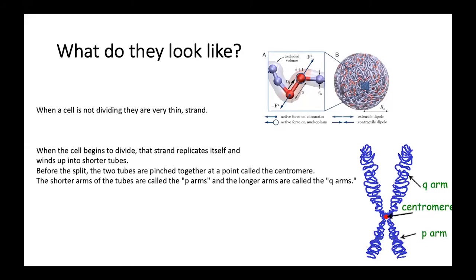But when a cell begins to replicate itself or to divide, the strands that were in the jumbled structure start to wind up into shorter tubes. So when a cell enters the division process, these thin strands are arranged into shorter tubes.